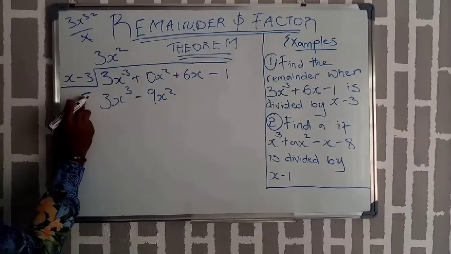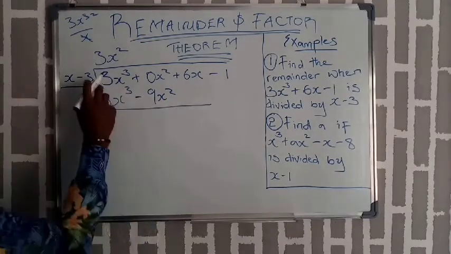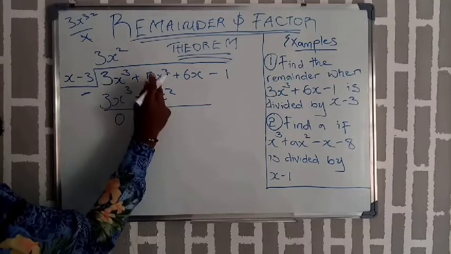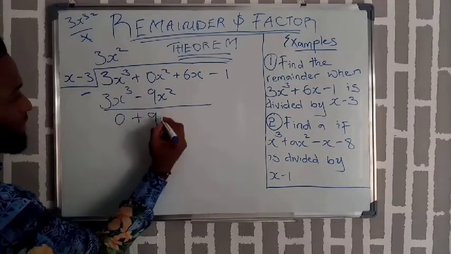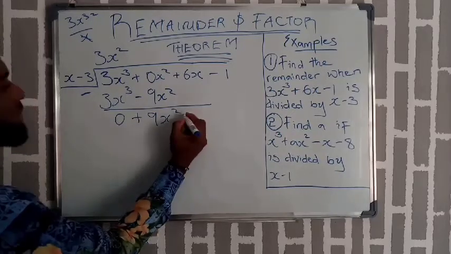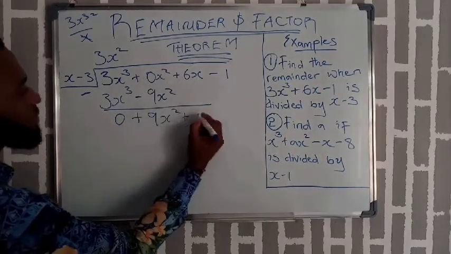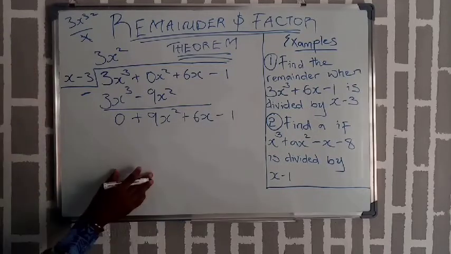A negative would always be here. So when you subtract both, you get 0. Then this minus this, you get plus 9x squared. Then we bring these ones down, plus 6x minus 1.